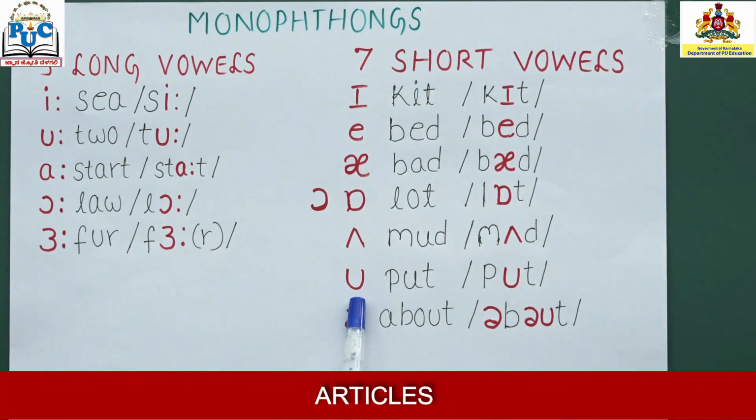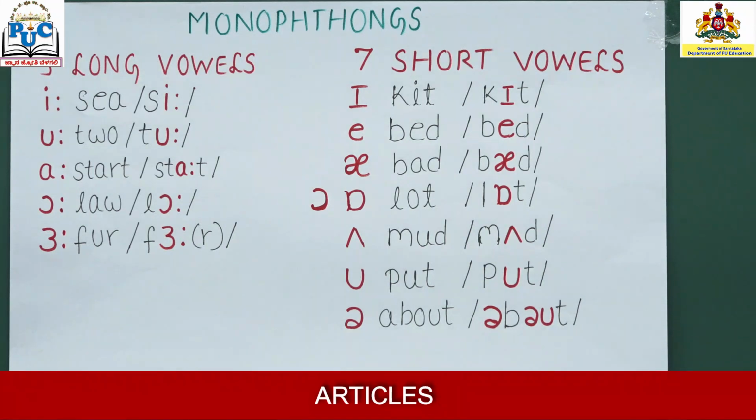This is u, as in put. Don't worry about the second one. This is called a diphthong. I'll come to that in the next slide. Look at this. This is a, as in about.